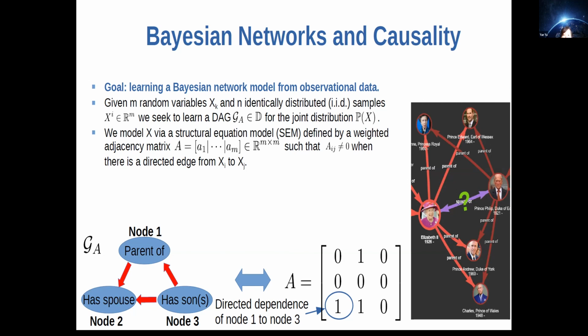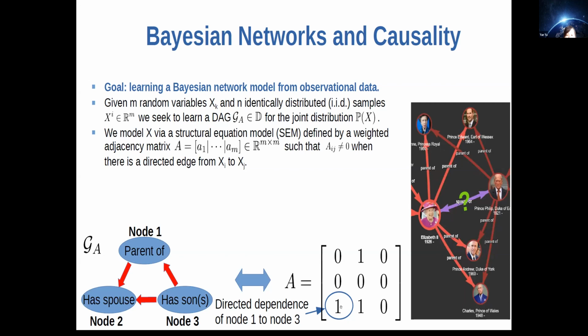For example, if we already know that node 3 induces that this person is a parent of somebody, or that this person has a spouse, then for the third row, node 3 has a directed edge to node 1. Therefore, the first element should be non-zero.